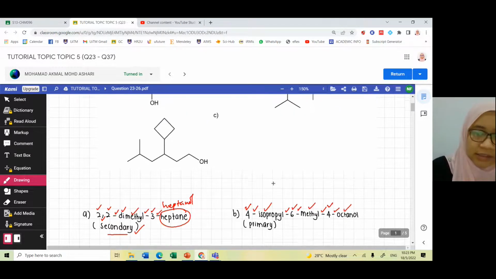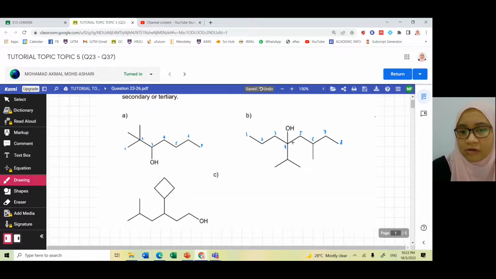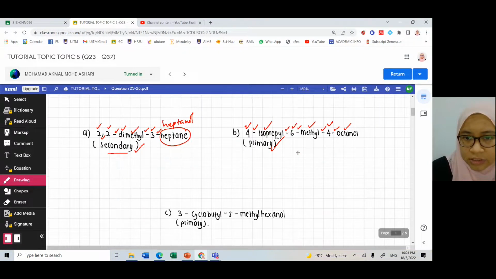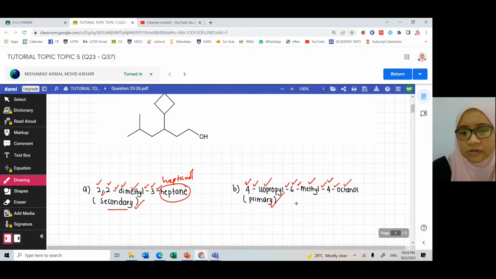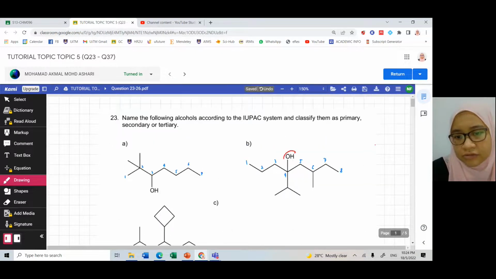And then this is primary? Identify the alcohol, the hydroxyl group. Is it primary? I don't think it's primary. It's tertiary, so this is wrong. Identify the hydroxyl group, it is here, and then classify the carbon directly attached to the OH.